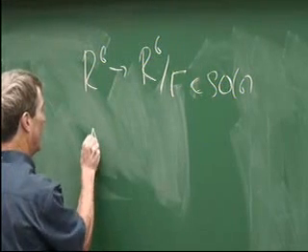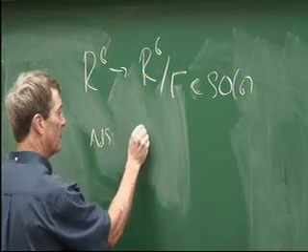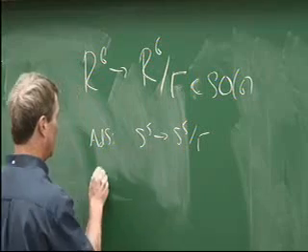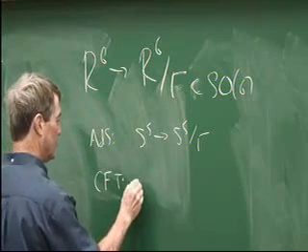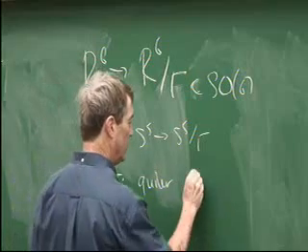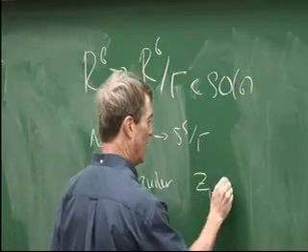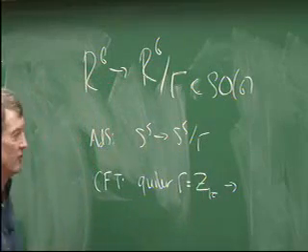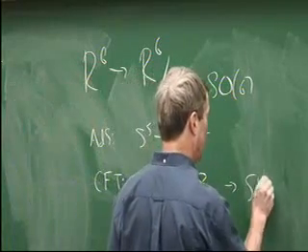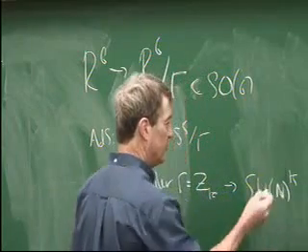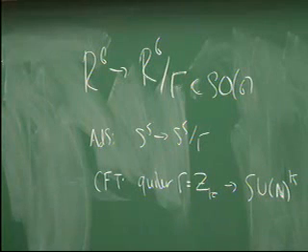And so on the supergravity side, on the AdS side, you've just taken S5 to S5 mod Gamma, and on the CFT, you have some sort of quiver gauge theory. For example, if Gamma is Z_k, first of all, you get SU(N)^k in the gauge group, and then you get various bifundamental matter charged under different factors.